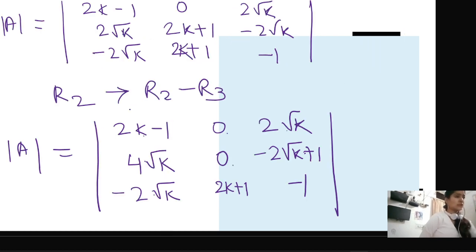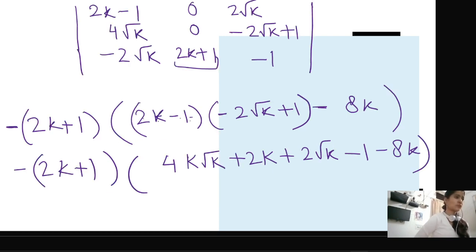So subtract row 3 from row 2. What are we getting? 4 root k. So here we are having 4 root k, so it will become 8k.